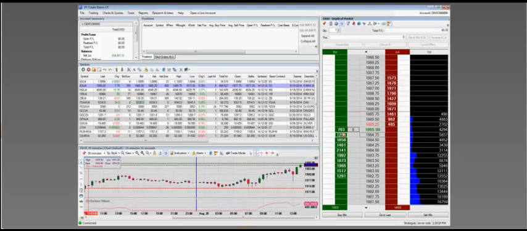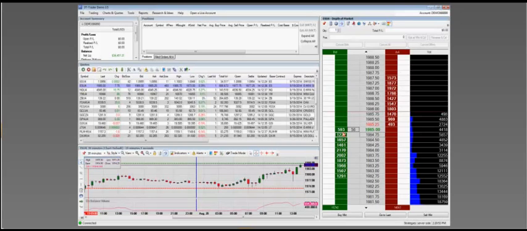What this does essentially is when you get in the market and have your stop protection and your profit targets working, when either of those orders gets filled, hopefully it's your profit target, your stop protection will automatically be canceled if you employ the use of this OCO feature.